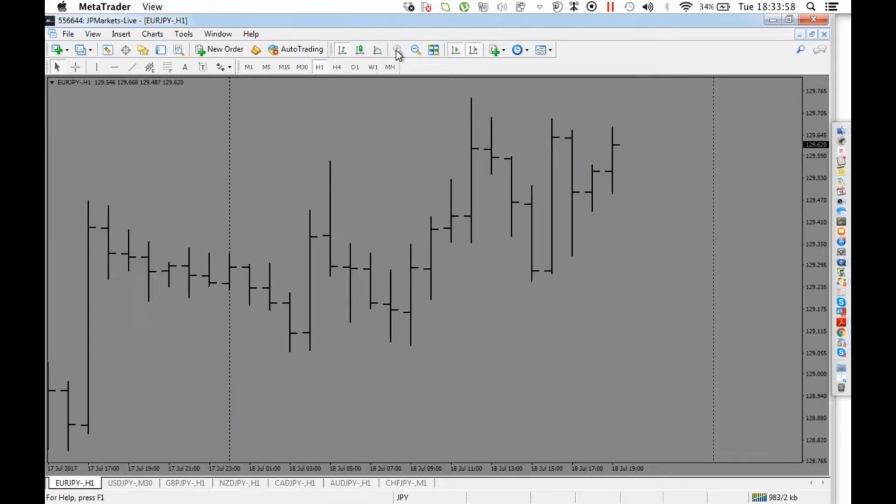Looking at the bar chart, here's where price opened and here's where price closed. Here's the low of the time frame and here's the high of the time frame. So it can tell us where the price hit the low and where price hit a high, and it will also tell us where price opened and where price closed.